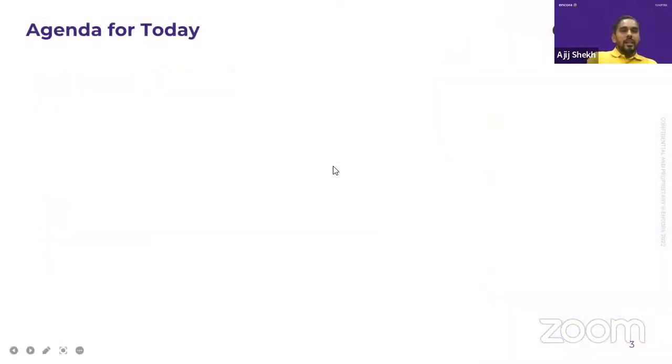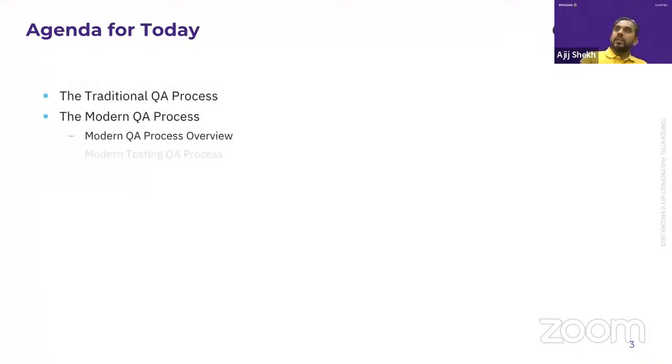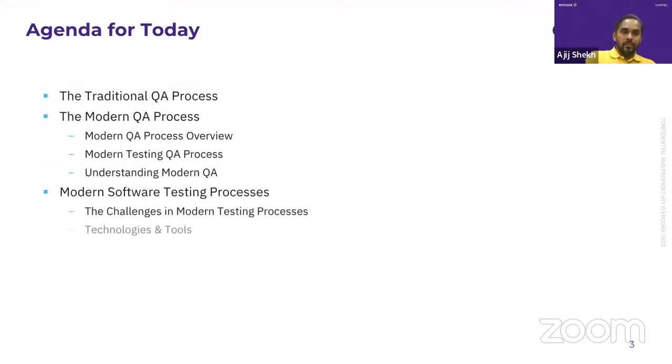So today's agenda: the first thing is what the traditional QA process is. The traditional process is what most QA teams have followed, one type of day-to-day activity. For example, in our company, we get a project and we get the requirements. Once the requirements are completely gathered, the QA side will write the test cases and execute the testing step by step.